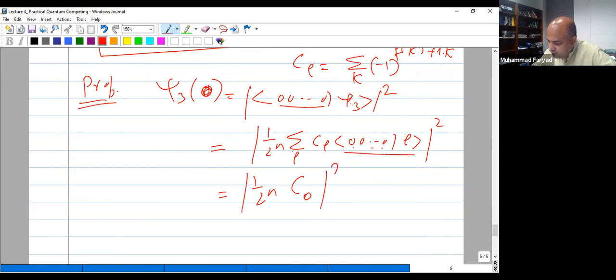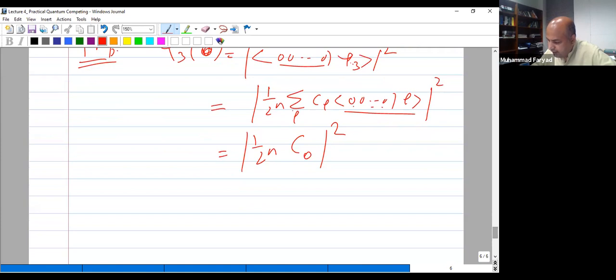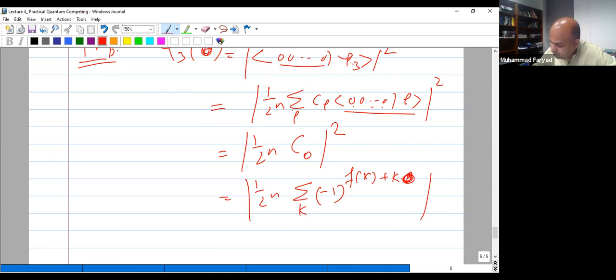So this becomes the absolute square, and we can work out this c_0 right away. This c_0 is the sum over k of (-1) to the power f(k) plus k·l, and my l is 0, so this becomes 0.